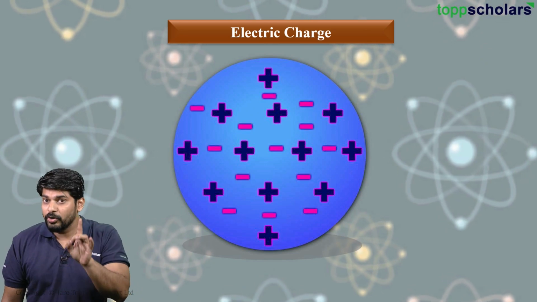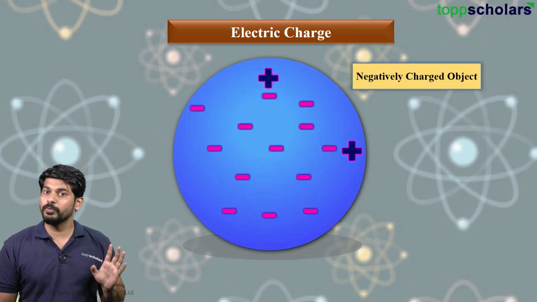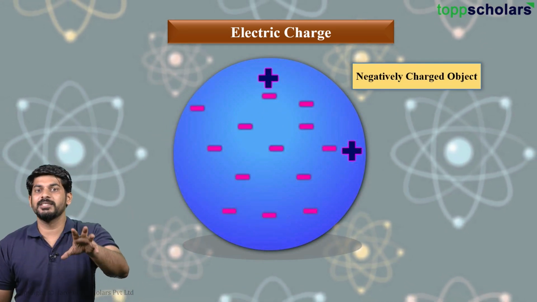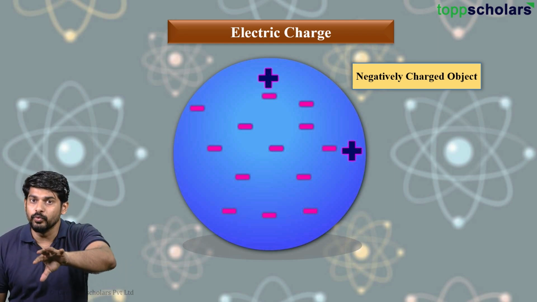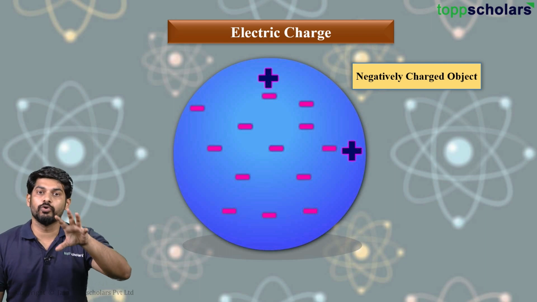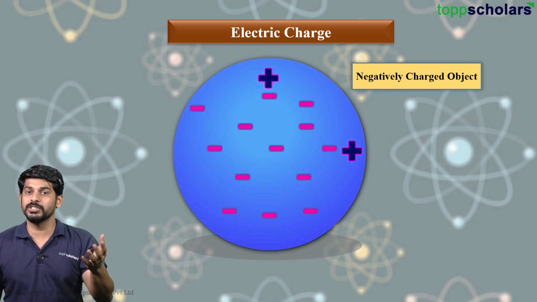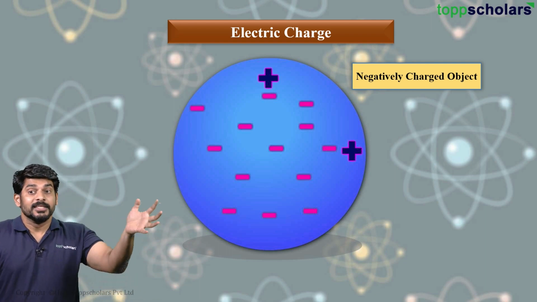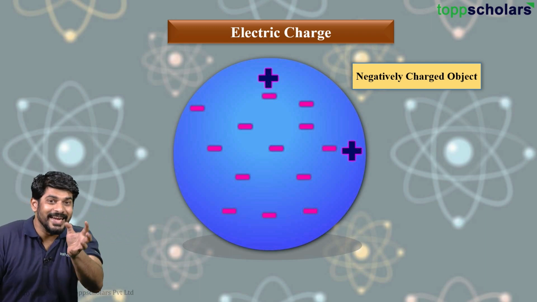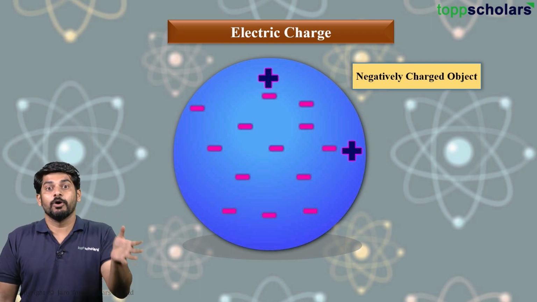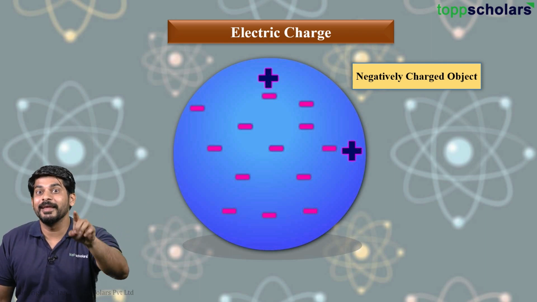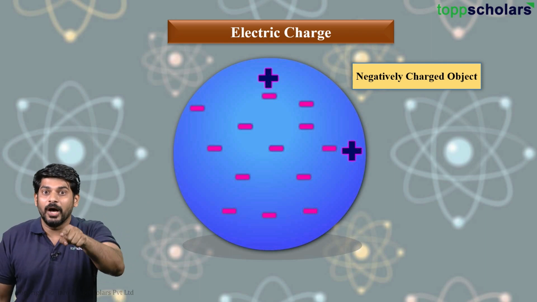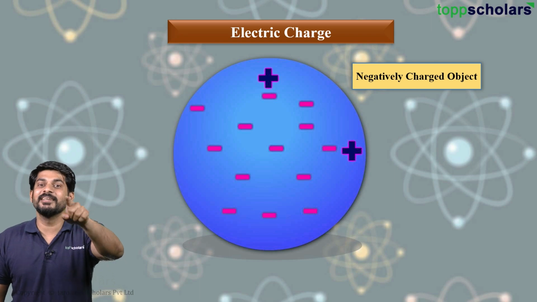Now, let's talk about what we mean by a negatively charged object. Over here we can see by some process maybe we have removed the positive charges out of it, or maybe by some process we have accumulated some extra negative charge on this object. Because of this, the object has become negatively charged, as it now has excess negative charge.